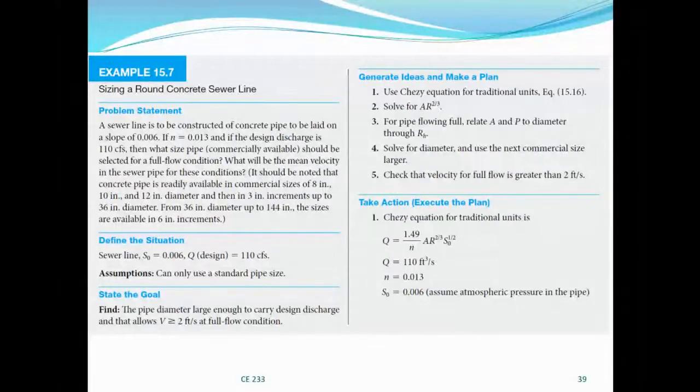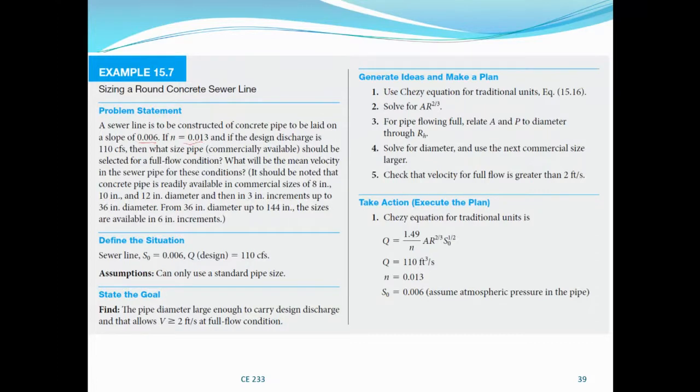Now let's take this simple example about sizing a round concrete sewer line. How do you size it? Because that is the basic design, the slope and the size of the sewer line. Here it says a sewer line is to be constructed of concrete pipe to be laid on a slope of 0.006.